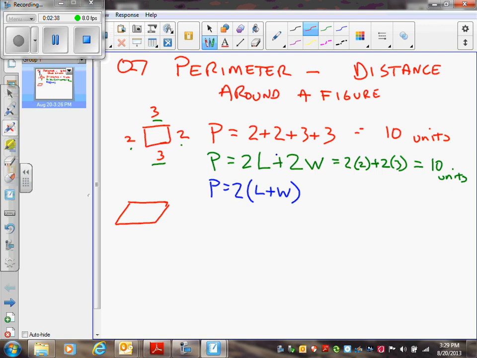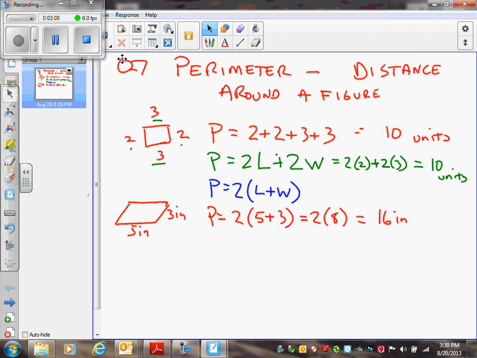So if this is 5 inches this time, and let's say that's 3 inches, I could go, the perimeter is 2 times 5 plus 3, which is 2 times 8, which is 16, but this time I don't write units because they gave me units, inches.